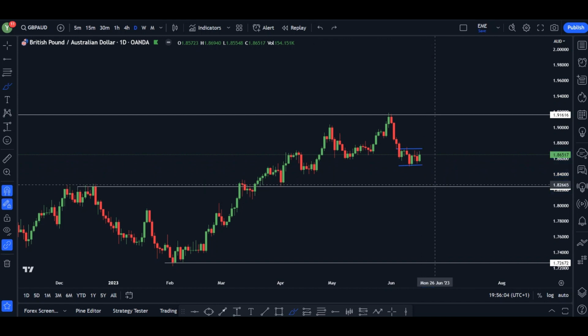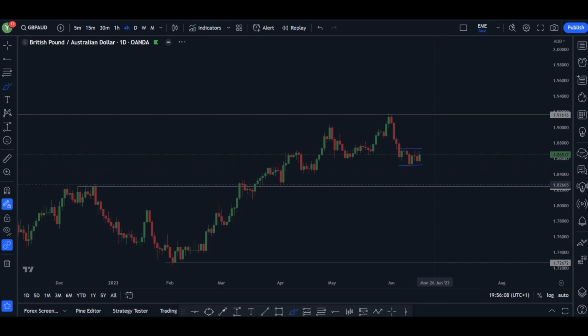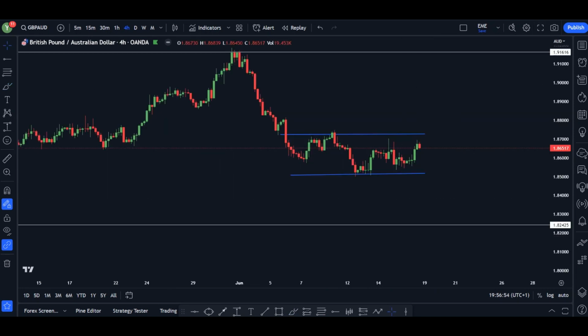So if we zoom into this and drop down to the 4-hour chart, here on the 4-hour chart, you can see that I've mapped out this range. This is the high, and this is the low. This is the resistance, and this is the support.